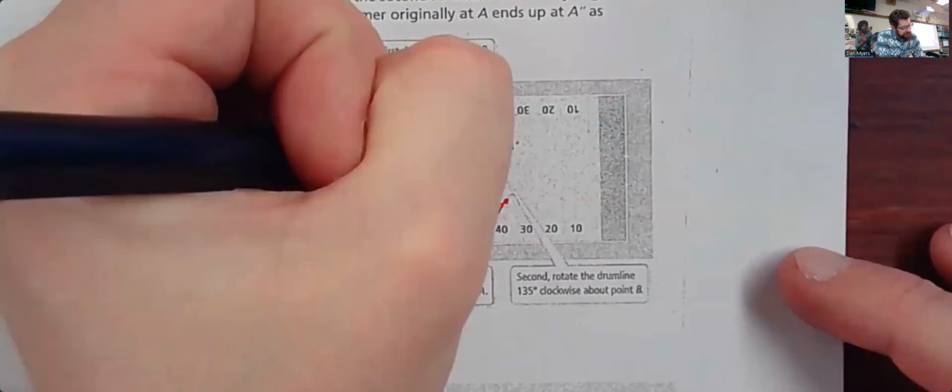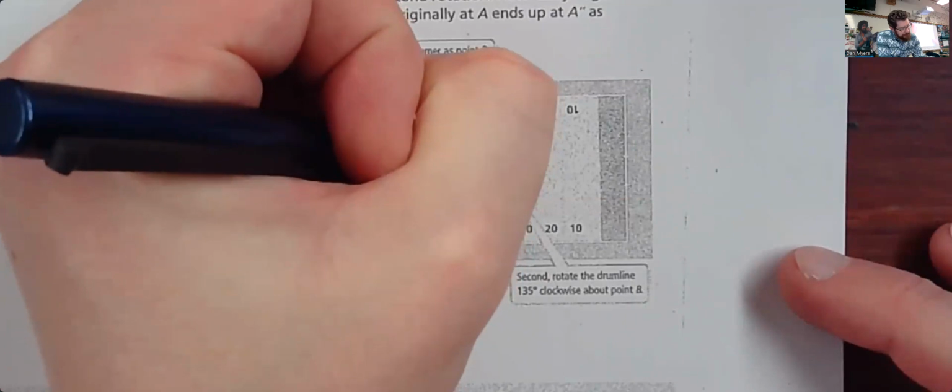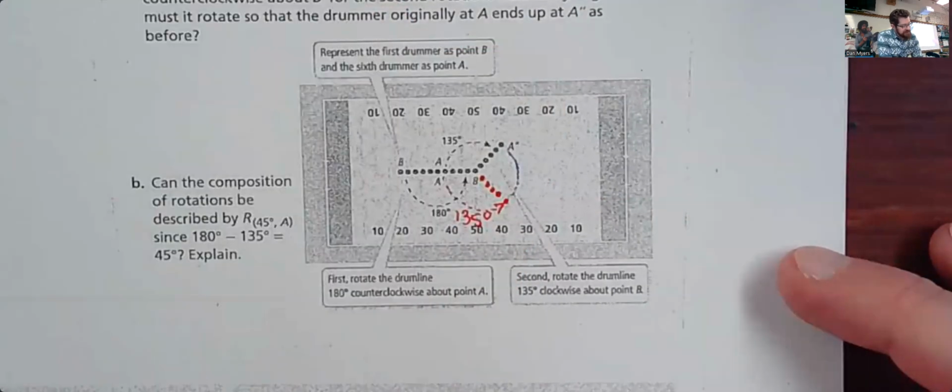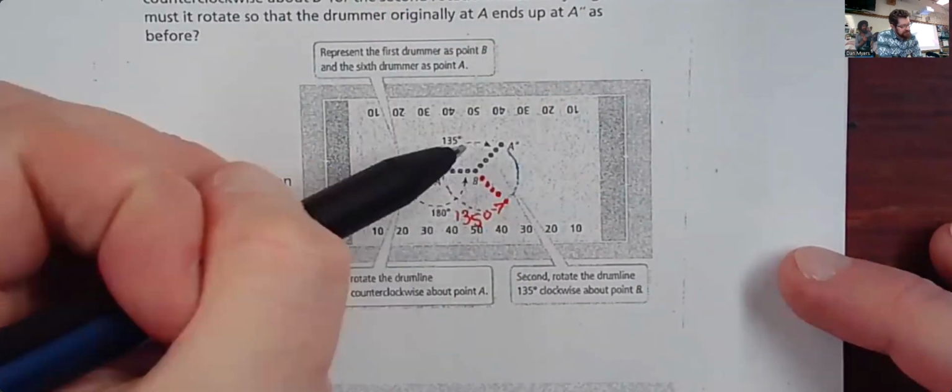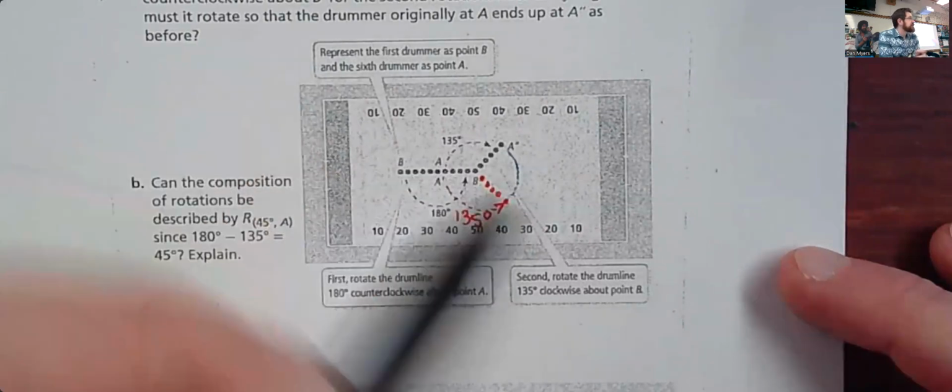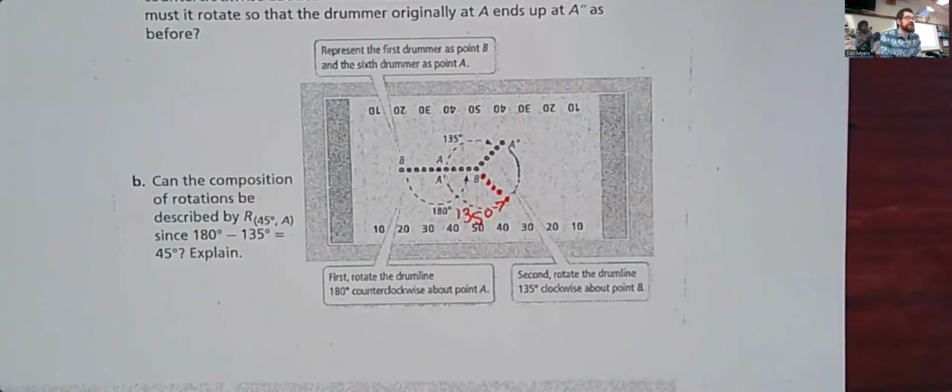What do you notice if I fill this in here? What's the general shape between these dotted lines? A circle. How many degrees are in a circle? 360. How many degrees are missing from that circle?